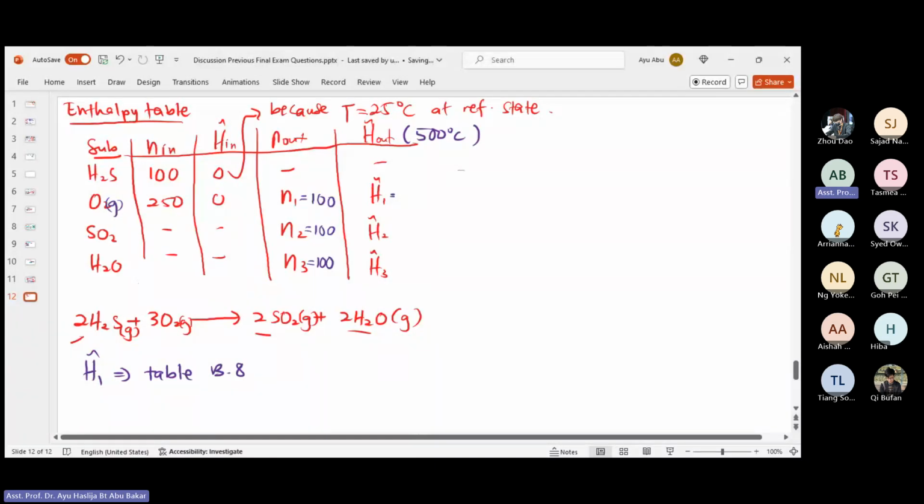Okay, what do you get for H1? 15.03. Correct, 15.03.